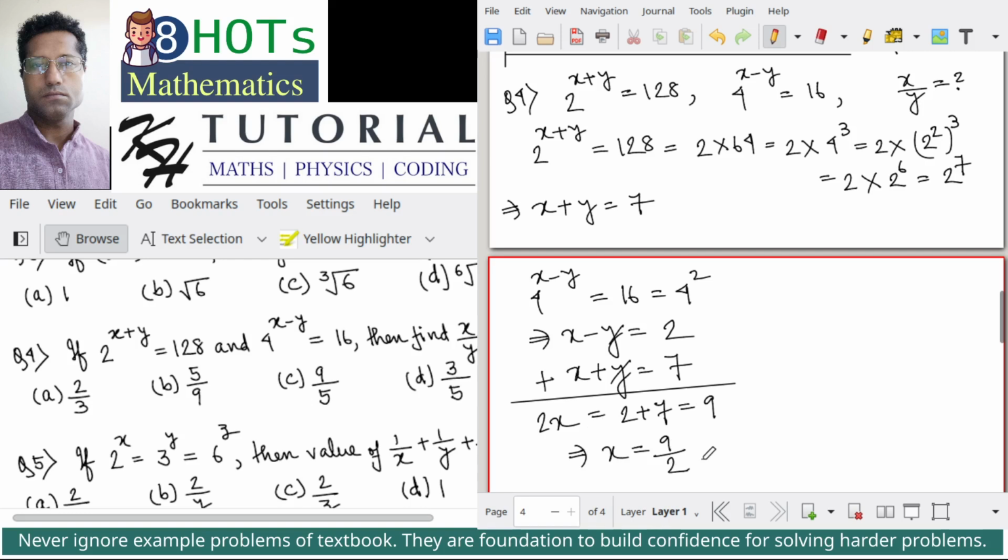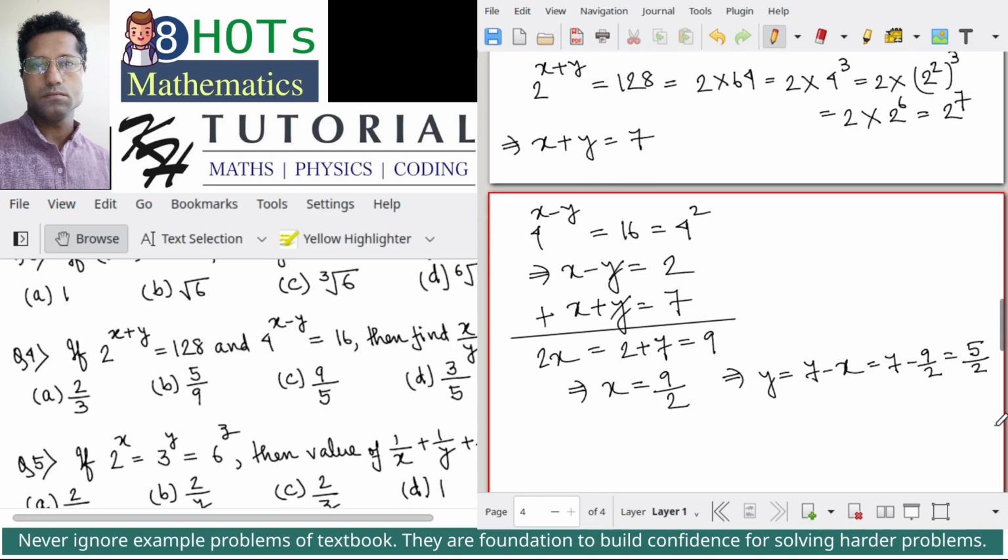We also know that x plus y is 7, so we can easily find y. y will be 7 minus x, and x we have already found, which is 9 by 2. So this is 5 by 2. So y is 5 by 2.